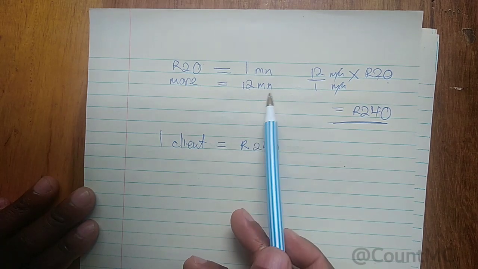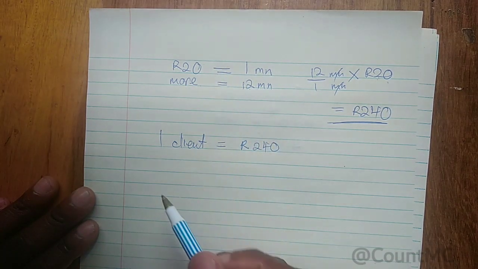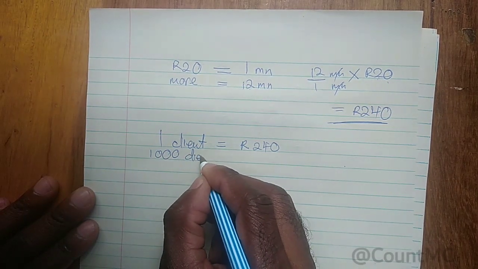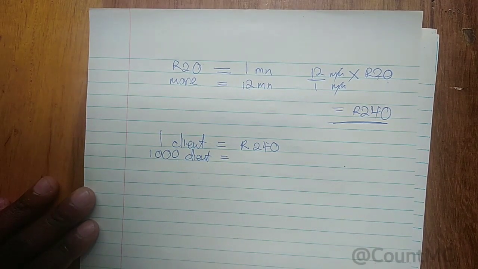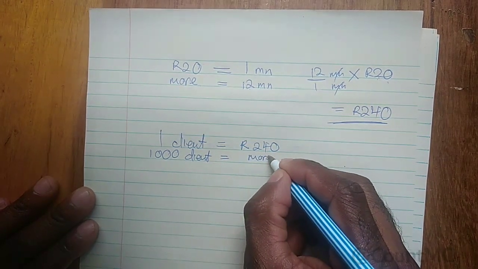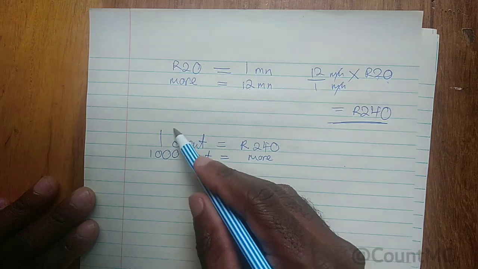We've just calculated it. This is one client. What about 1,000 clients paying the same amount? How much would they give Temba? They'll give him more. More, the bigger number on top.